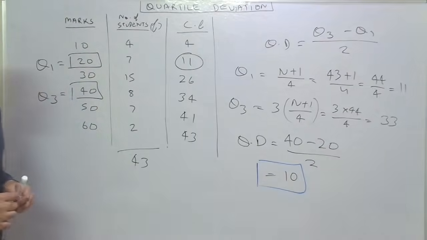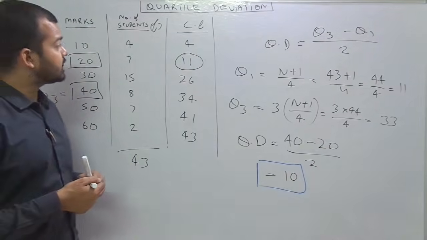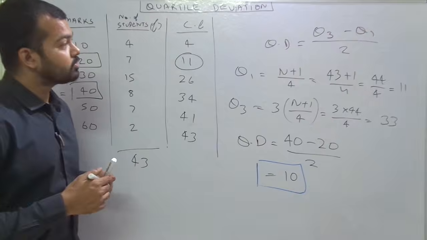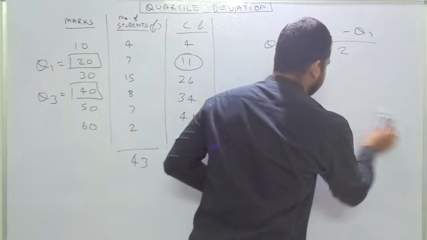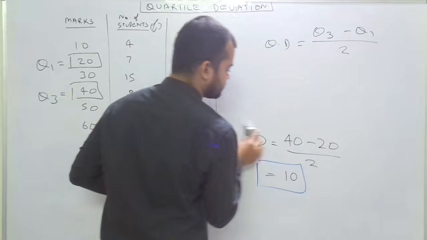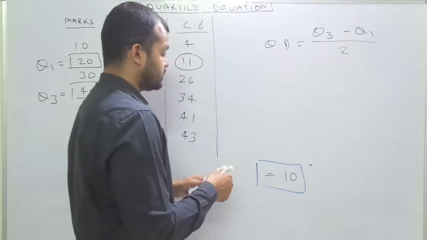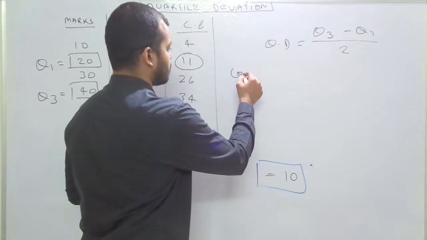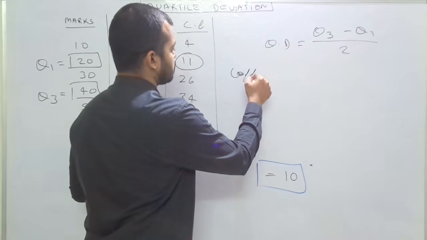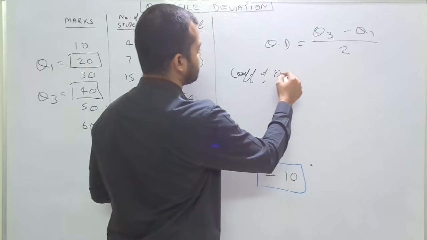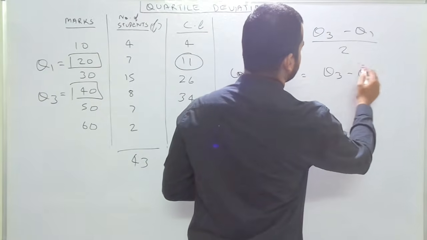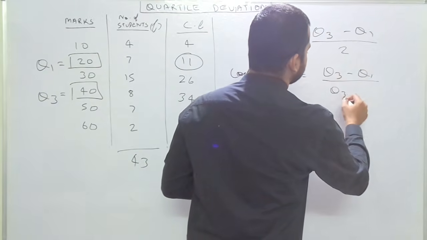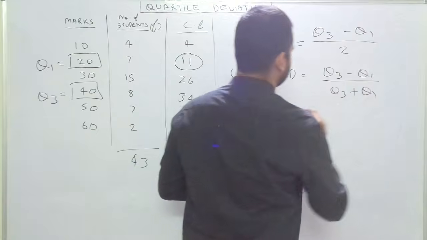Now we will calculate the coefficient of quartile deviation. The formula for the coefficient of quartile deviation remains the same as in the individual series. That is, the coefficient of quartile deviation is (Q3 minus Q1) divided by (Q3 plus Q1).